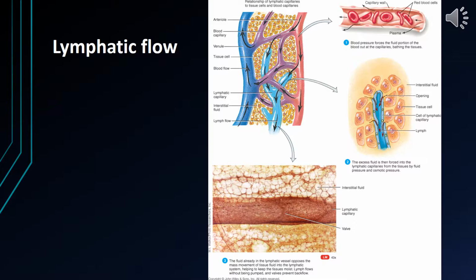And then number 3, we're not really going to worry a whole lot about what this is showing, but you can see that lymph flows without being pumped, and these vessels contain valves that prevent backflow, and it's just indicating a valve in a lymphatic vessel here.